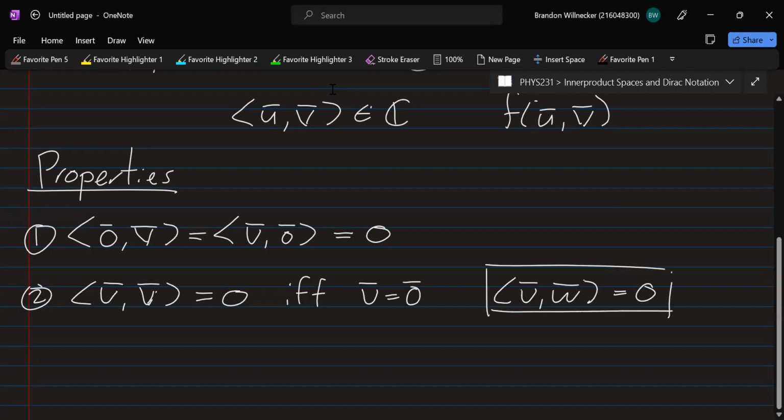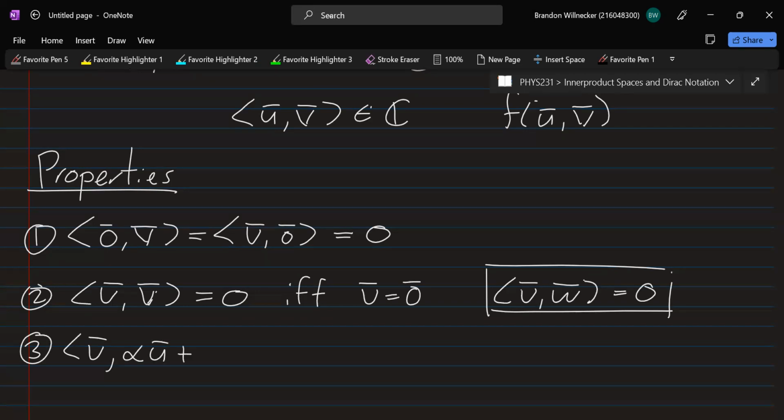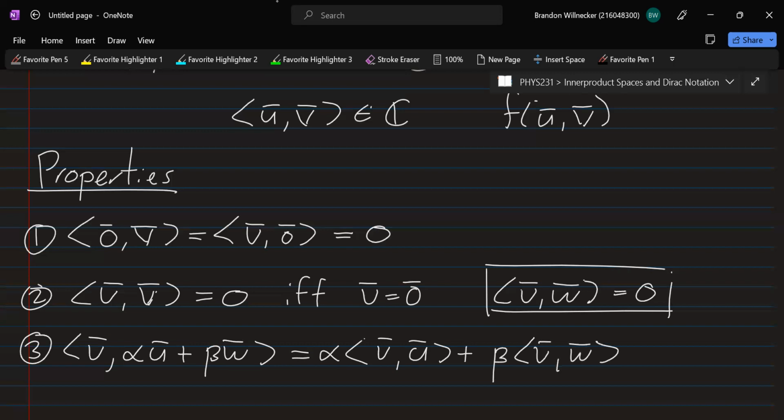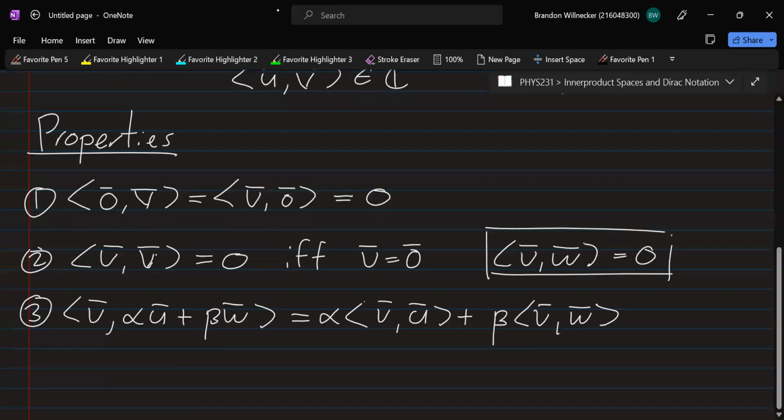Number three, if we have the inner product of V with some linear combination, let's say alpha U plus beta W, then this is equal to alpha times V with U plus beta times V with W. So we see that we have what's called linearity, which we'll speak more about later.